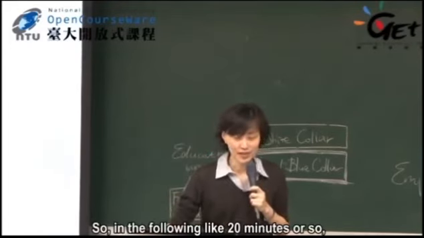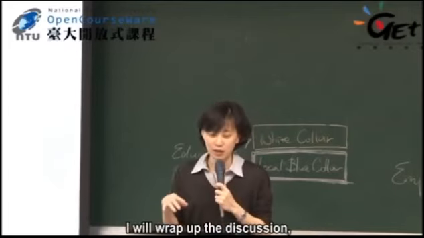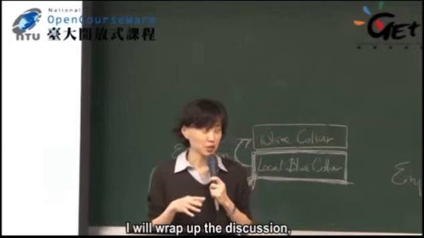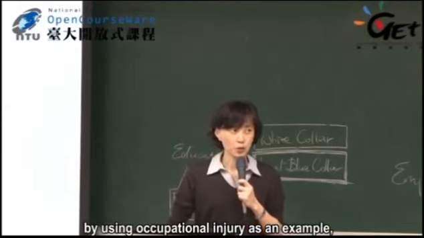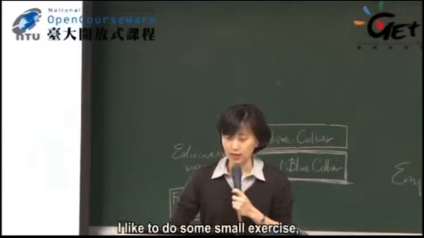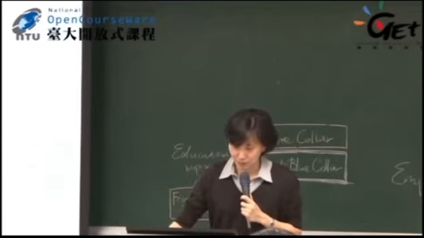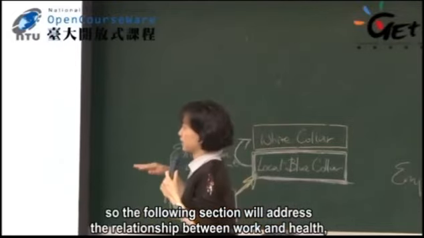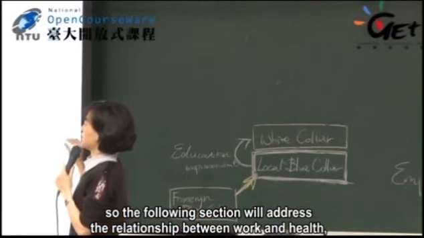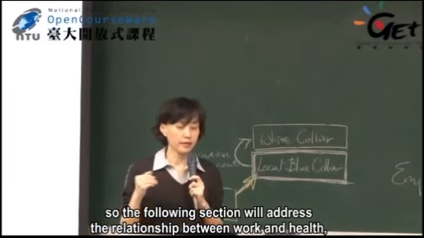So in the following 20 minutes or so, I will wrap up the discussion by using occupational injuries as the example. Before I start, I'd like to do a small exercise. The following section will address the relationship between work and health.